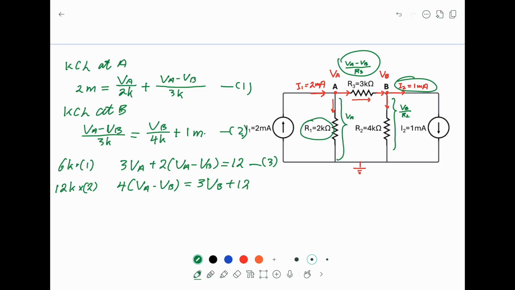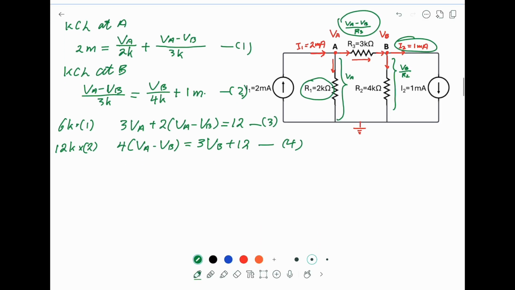I will further simplify 3 and 4. Number 3 gives 5VA minus 2VB equal to 12. This is 5. From 4, I further simplify and get 4VA minus 7VB equal to 12.